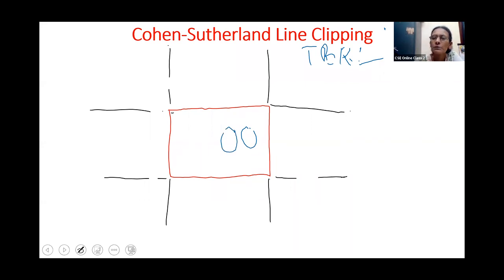Now these points are not below the bottom boundary, so it is 0. These points are not above the top boundary, so that bit is also 0. So the outcode for the points inside the clipping window is 0, 0, 0, 0.